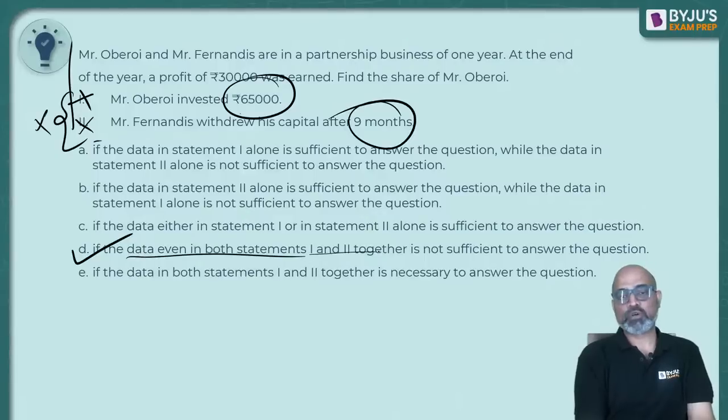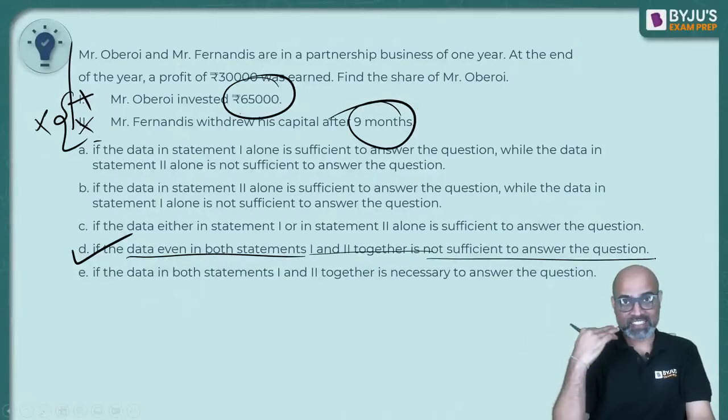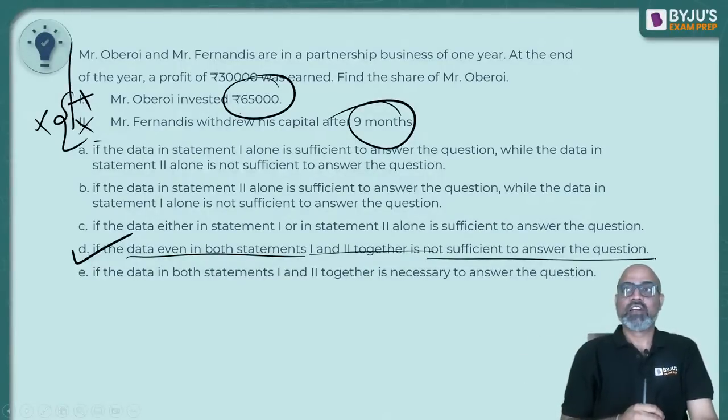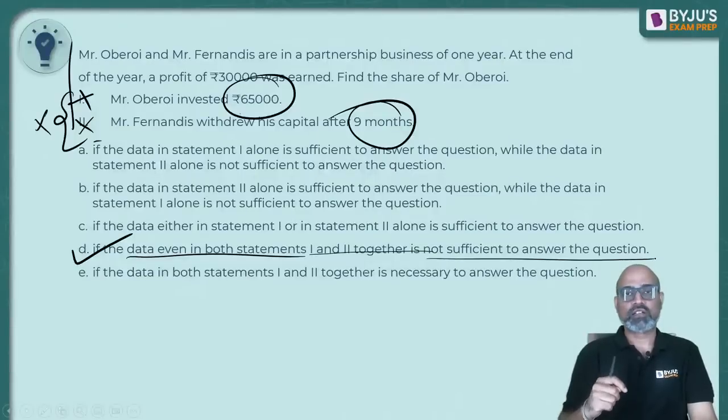If the data even in both the statements together is not sufficient to answer the question, a lot of you have answered it correctly. Yes, Krishna, it does. That's why I learned data sufficiency, because I have practiced thousands of questions in data sufficiency, of course over a decade's time, not in one year. But I prefer data sufficiency because it helps me revise the concepts of quant a lot.